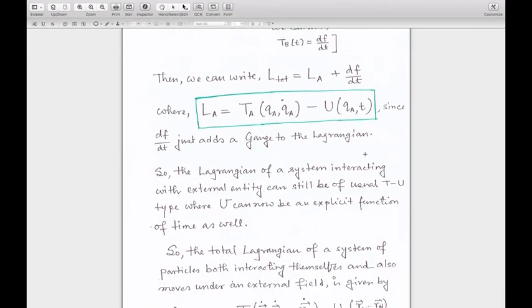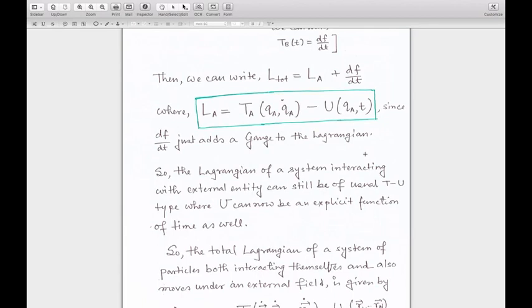This LA, which is nothing but TA of QA, QA dot minus U of QA and t, can be represented as a Lagrangian of a system which is moving under the interaction of an external effect.